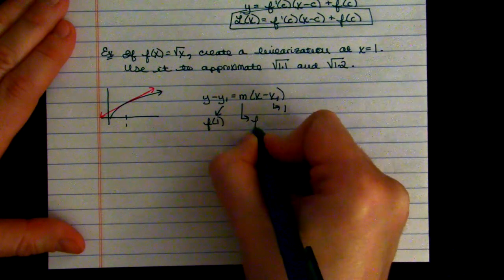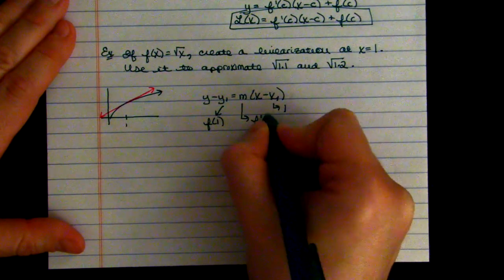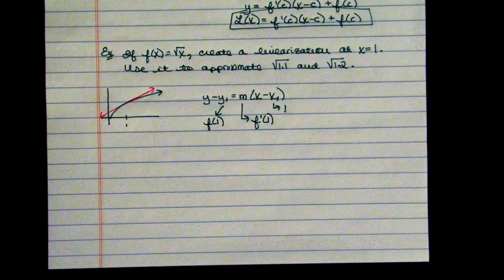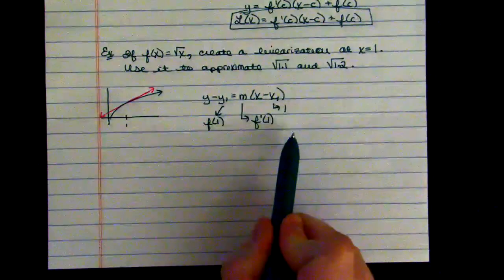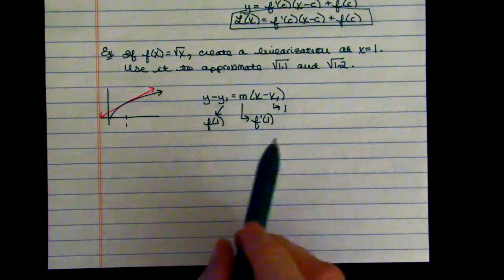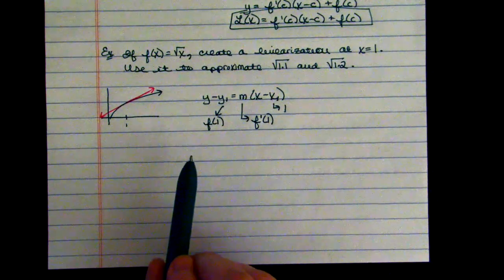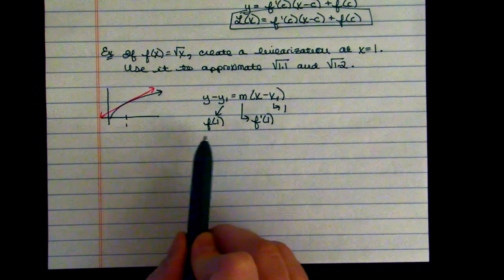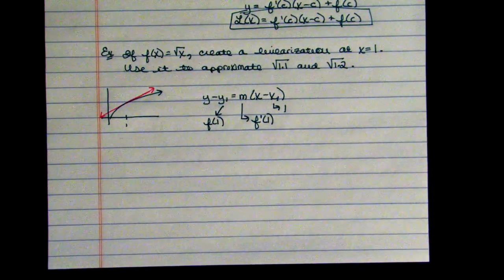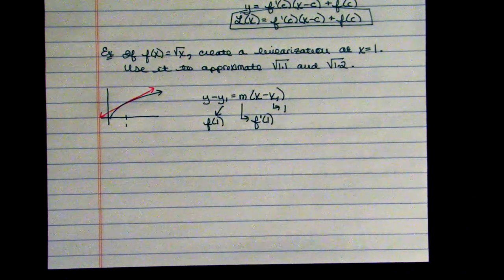And m, I need to plug 1 into the derivative. I need to find f prime of 1. Take a moment and go write your equation of a tangent line. Then we're going to do a tiny bit of easy algebra to turn it into a linearization, and then we'll do our approximations. But right now, go get your tangent line in y minus y1 equals m times x minus x1 form.